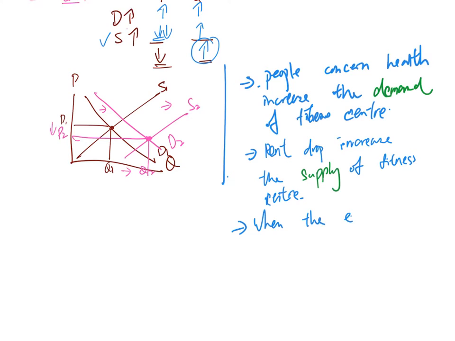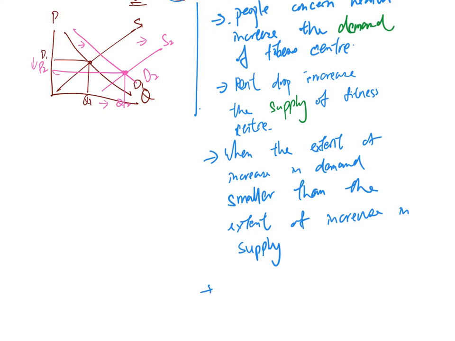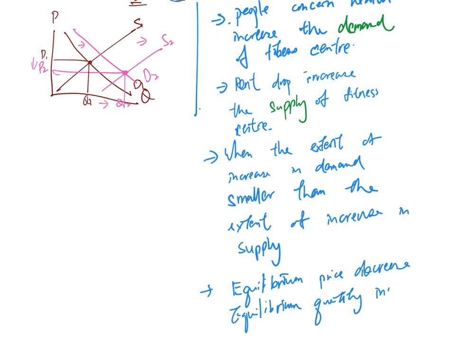When the extent of increase in demand, according to the analysis, should be smaller than the extent of increase in supply, the equilibrium price will decrease and the equilibrium quantity will increase.